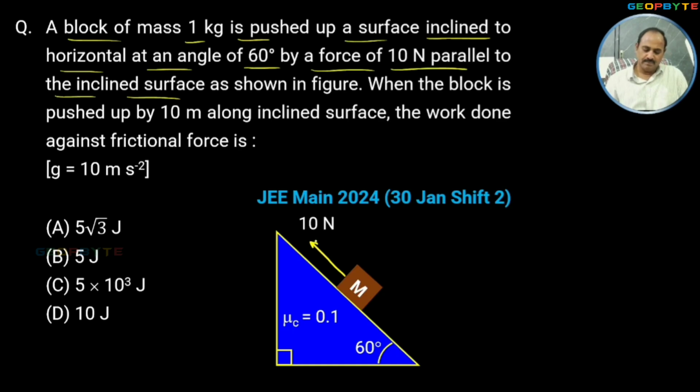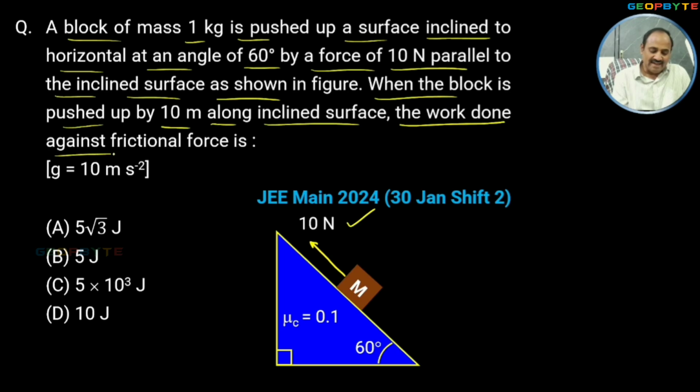Force is applied parallel to the inclined surface. When the block is pushed up by 10 meters along the inclined surface, the work done against the frictional force is how much? For the g value, 10 meter per second square. Coefficient of friction, look at the coefficient of friction, 0.1.